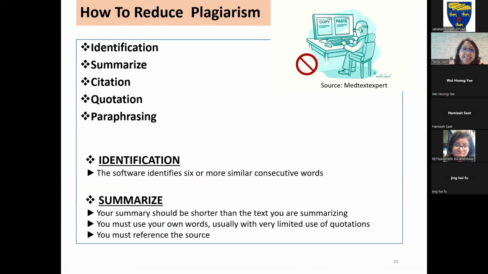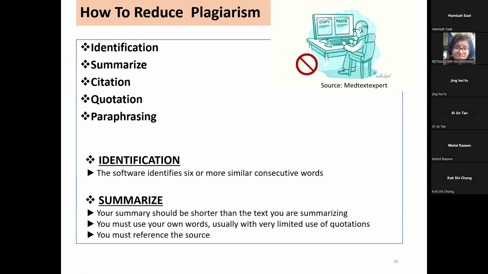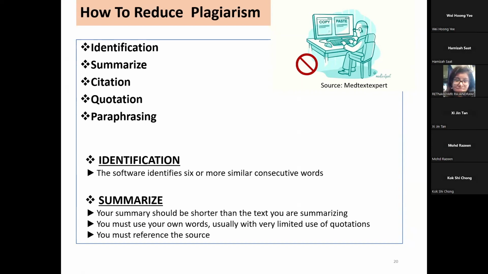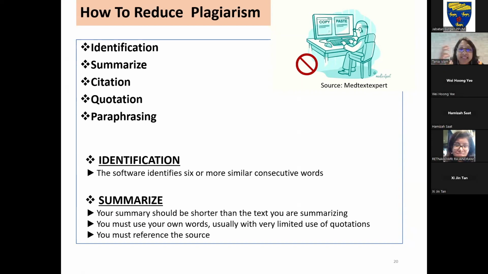The second thing you can do is summarize. You can emphasize summarizing. For any article you read that is most relevant to your thesis, you may copy and paste many things, or you just take their idea. So you need to read that article properly and think how to rewrite it.